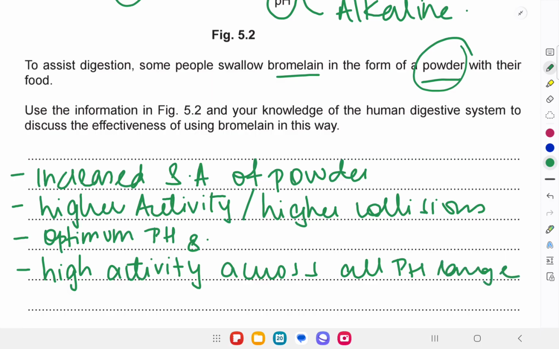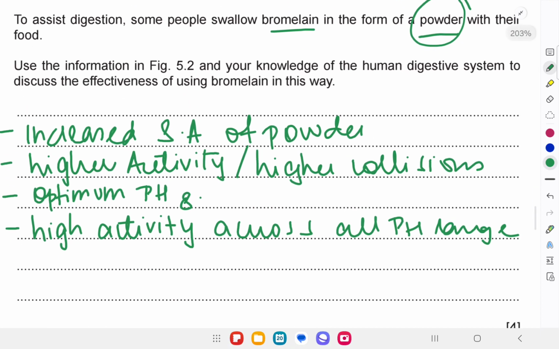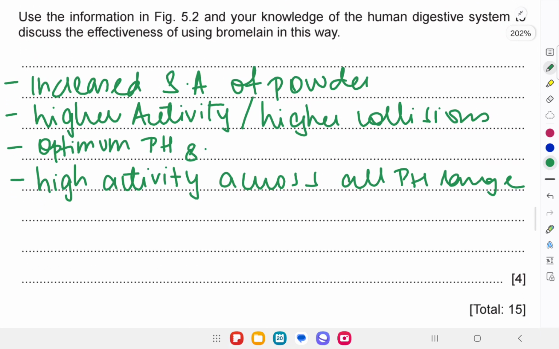You can add the range here as well, which is 3 to 12. So it doesn't get denatured easily.